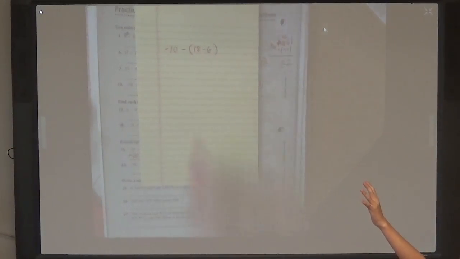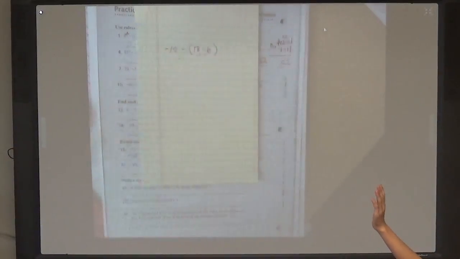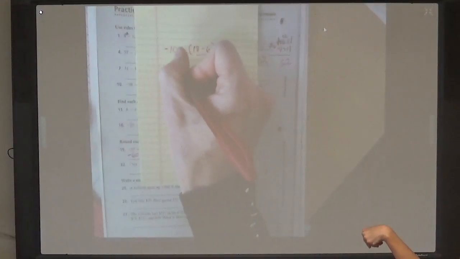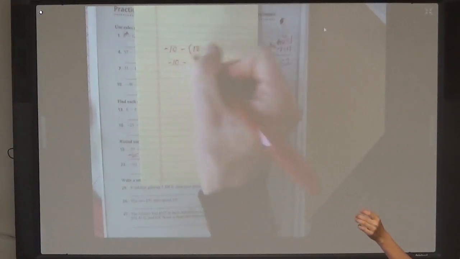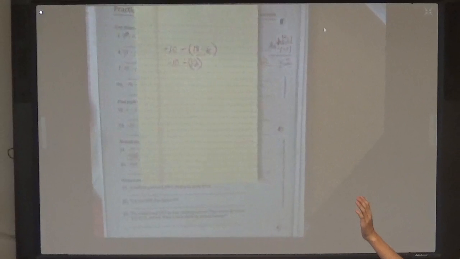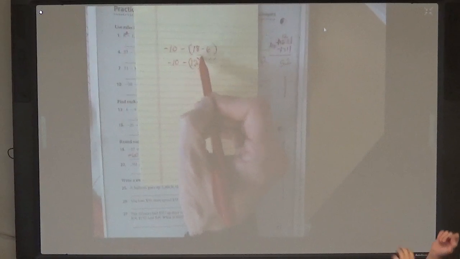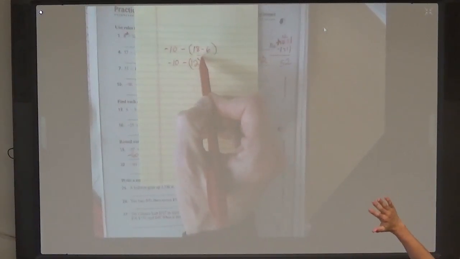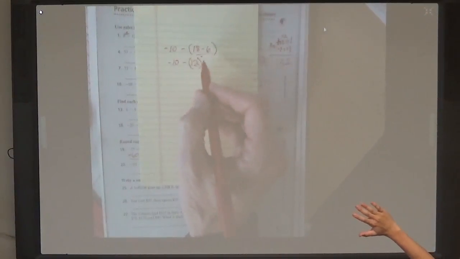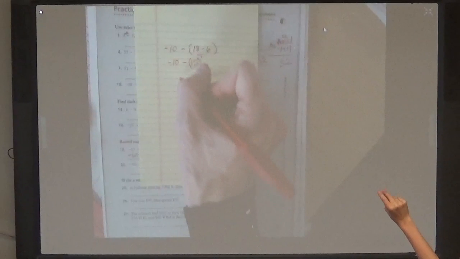So you'd have to find the answer to this first, and then there would be a negative. So it would be negative 10, and then minus 12. There'd be parentheses around it. Those parentheses are just being used to force you to do this first. So at that point, the parentheses don't really have any effect on the problem. So you can just get rid of them.